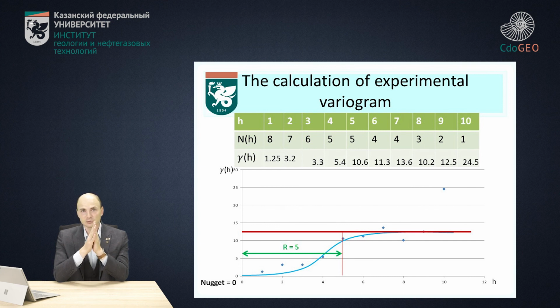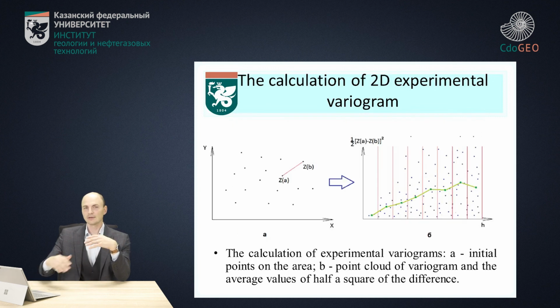And then we measure it once again, and the newly measured porosity is equal to 11. That means we cannot 100% believe our values of porosity. And that turns out to be the nugget. The higher the nugget, the more mistakes in our data set.